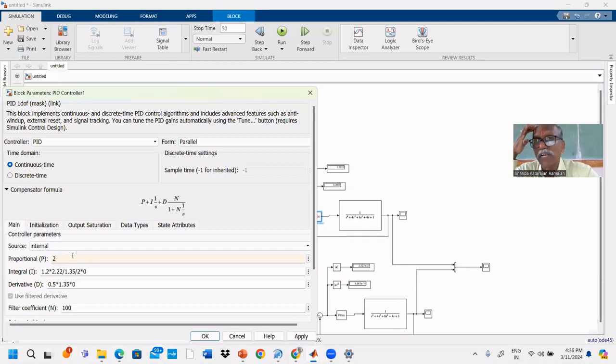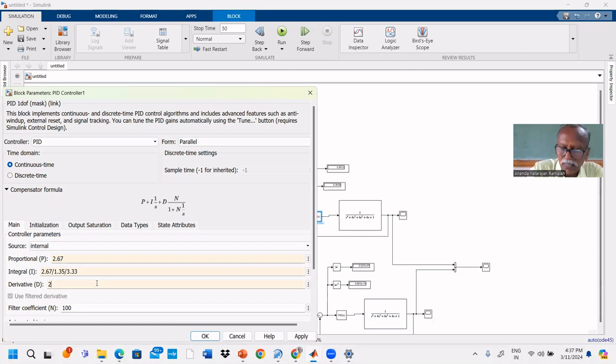Now 1.35 multiplied by 1.2, how much? 2.2. Okay, 2.67. Here, 2.67 divided by TI equal to how much? 1.35 multiplied by 3.33. Yes, I got 3.33.